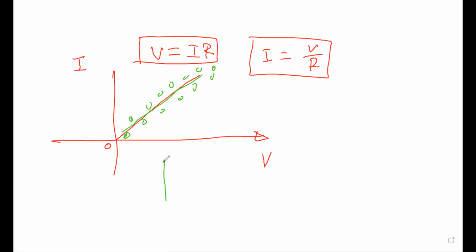Or if you want to measure the current flowing through a diode with respect to voltage, you will see that theoretically it has this nature, okay? But practically you observe that your current is something like this, isn't it? Yes, sir.